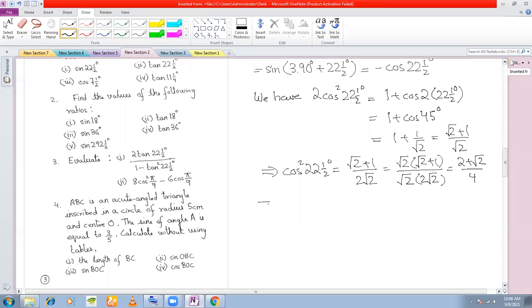So that means cos 22.5 degree is equal to square root of 2 plus root 2 divided by 2, ignoring the negative sign because cos 22.5 is positive.